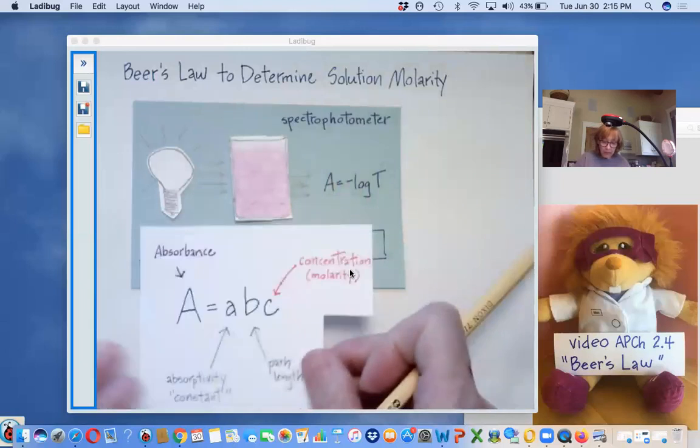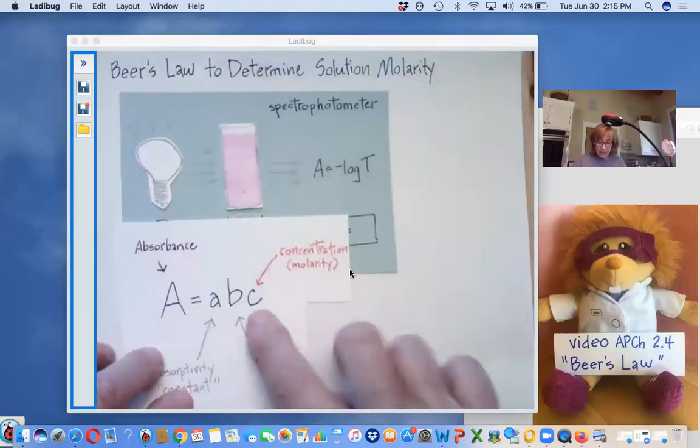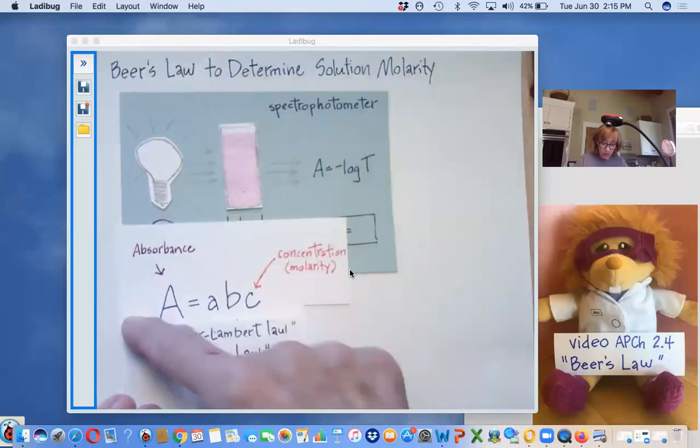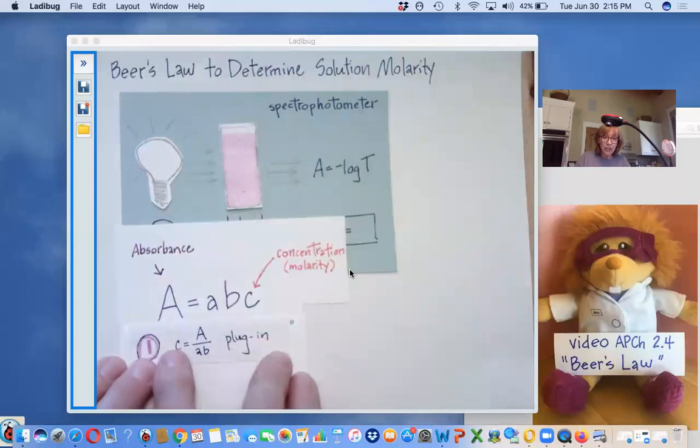So all of those pieces are important in using Beer's law. Now, one way to calculate concentration is just to flat out use this equation, rearranging it for C, and plugging in your values.